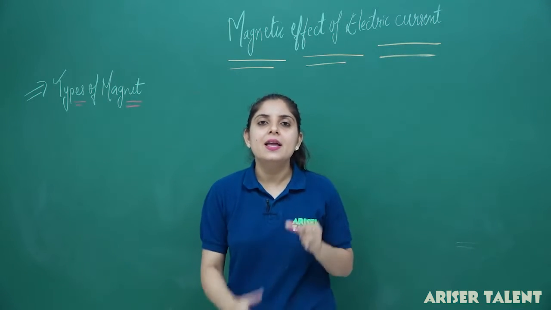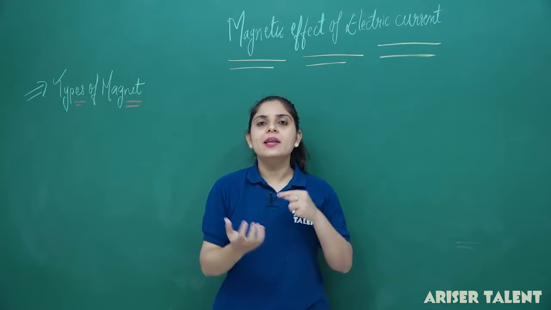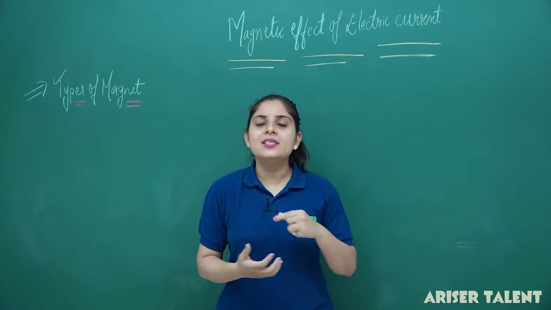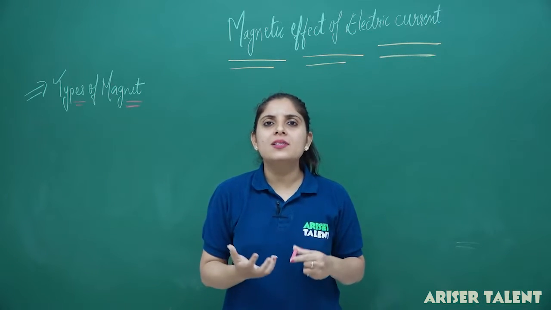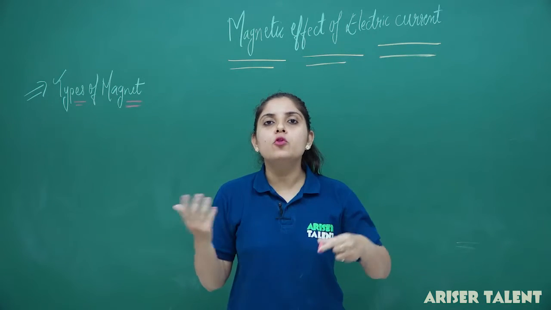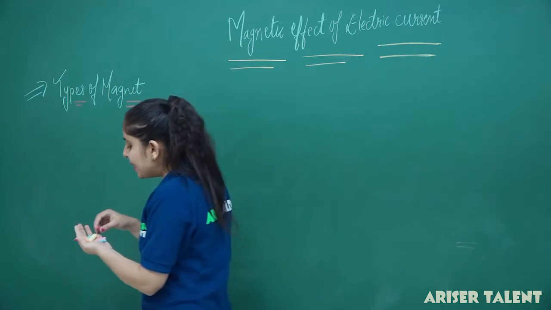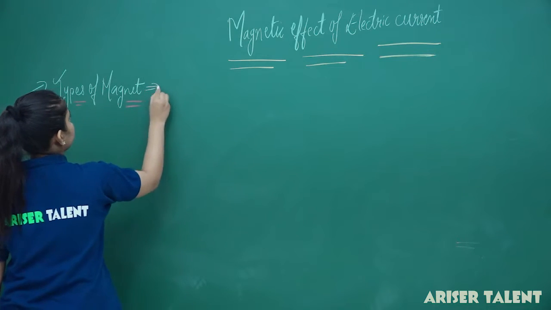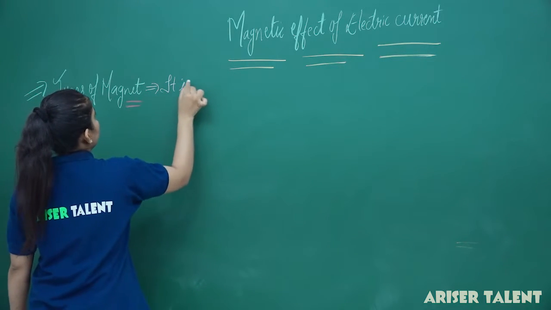As the name indicates, natural magnet will be occurring naturally, and to enhance the properties, we will use alloys and some very strong materials to make the artificial magnet for our future applications. So, basically, it is of two types.